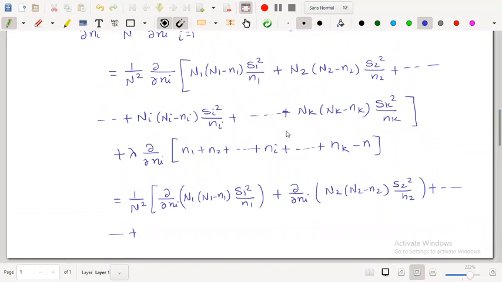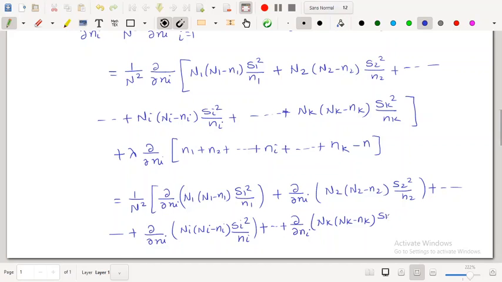Take this derivative here. So this will be dou by dou ni of ni into ni minus ni si square upon ni, plus up to dou by dou ni of nk into nk minus nk sk square upon nk.